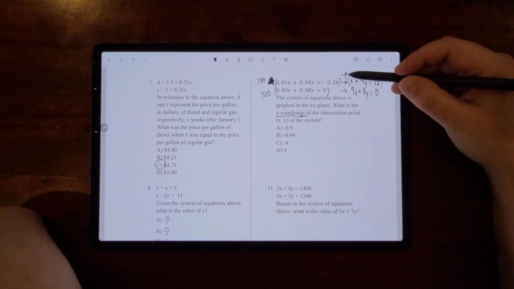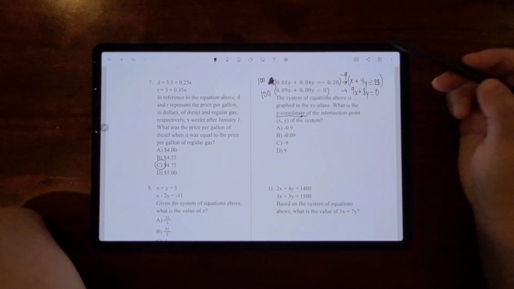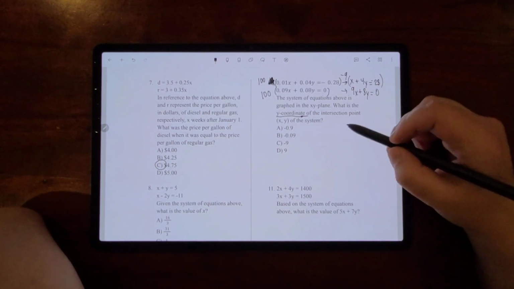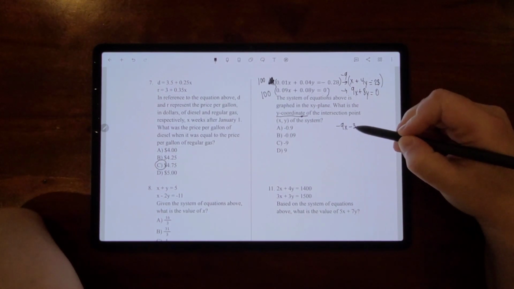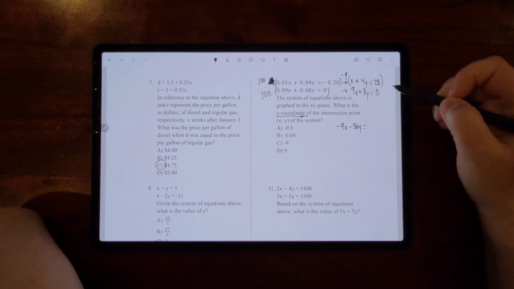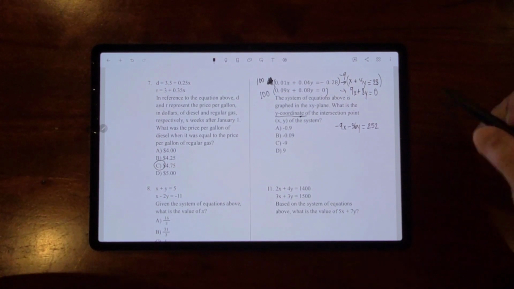I'm multiplying by negative 9 because I'm trying to cancel the x's, not the y's. So negative 9 has to be multiplied by each of those, so this becomes negative 9x minus 36y is equal to, now negative 9 times negative 28, and we get 252.